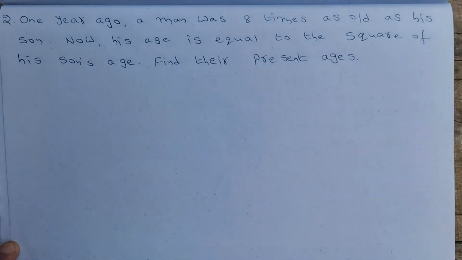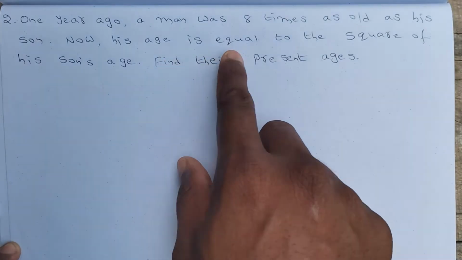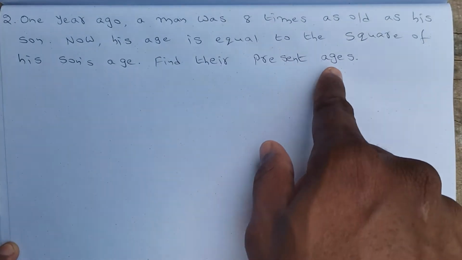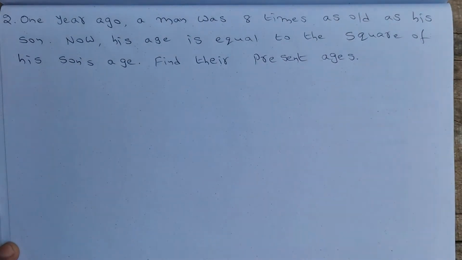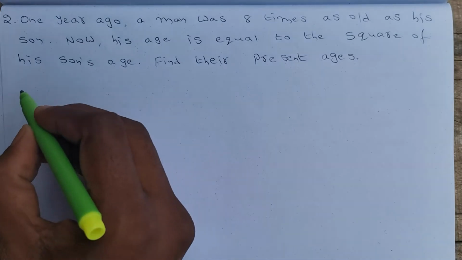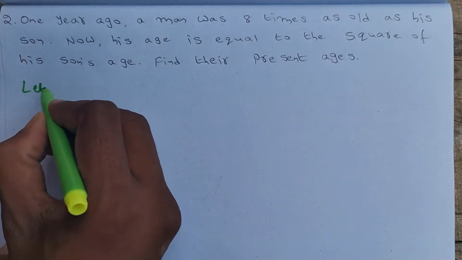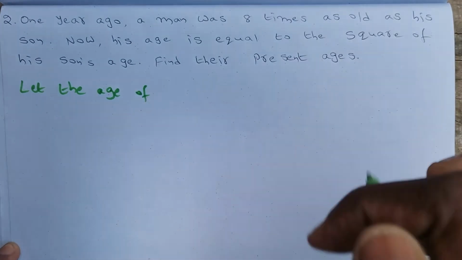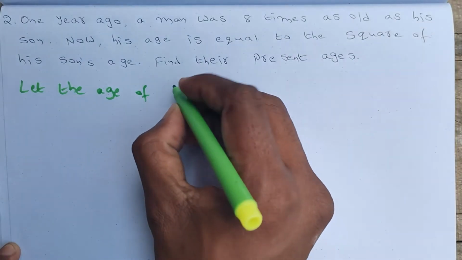Next, question number 2. 1 year ago, a man was 8 times as old as his son. Now his age is equal to the square of his son's age. Then find their present ages. So one son and father, two are there. Let the age of, first he mentioned about man, so I am going with man only.